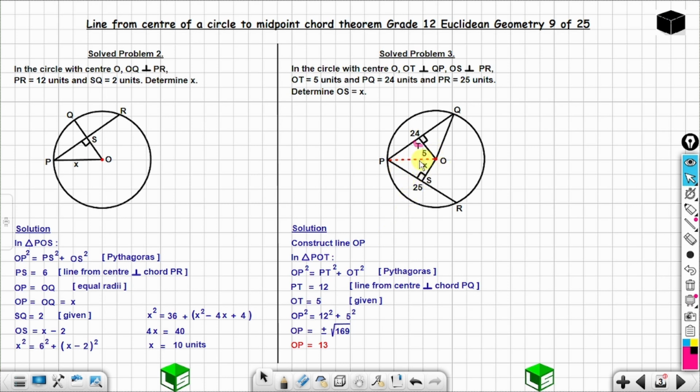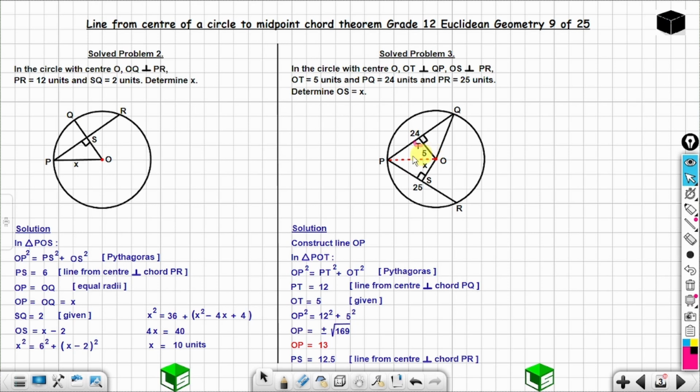Now we are going to use this triangle to solve for x. You have PS, which is equal to 12.5. The reason is line from center perpendicular to the chord PR.